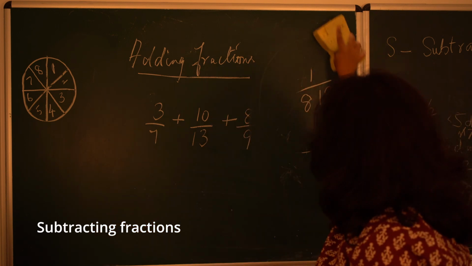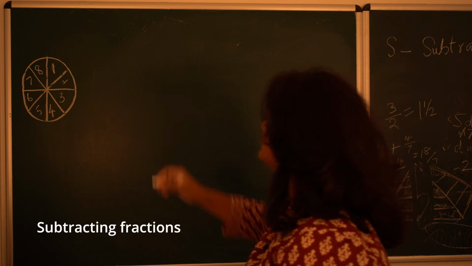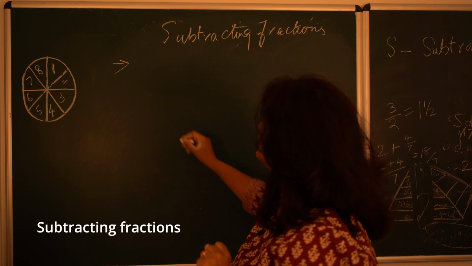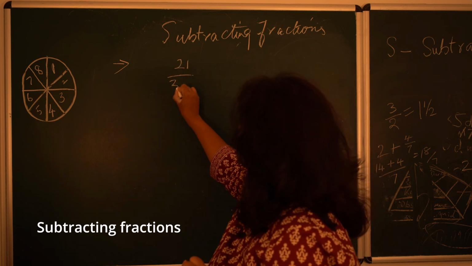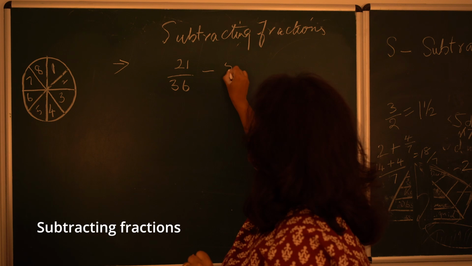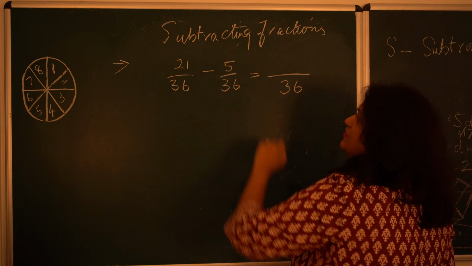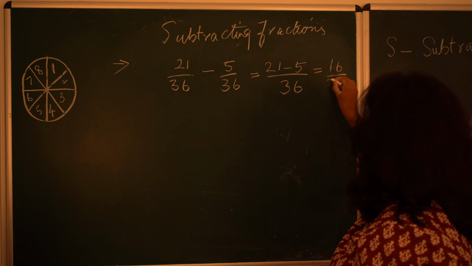Subtracting fractions. First rule that we will deal with is when the denominators are the same. So let's say I have 21 by 36 minus 5 by 36. 21 minus 5 is equal to 16 by 36.